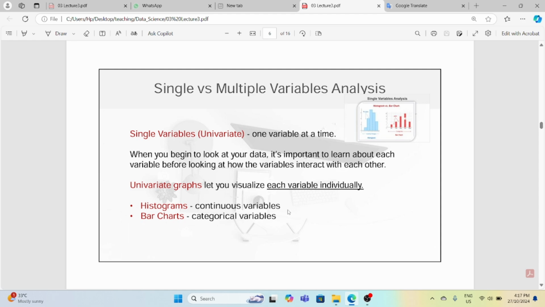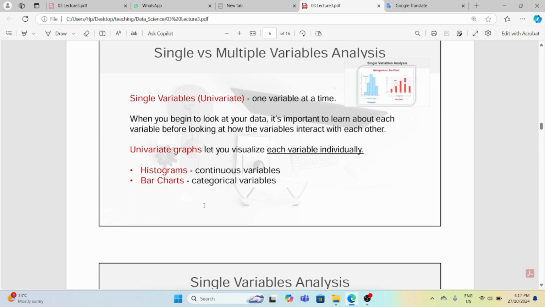We know that there are two types of variables, continuous and categorical. Categorical variables are qualitative, for example type of car models or car companies like Proton and Toyota.